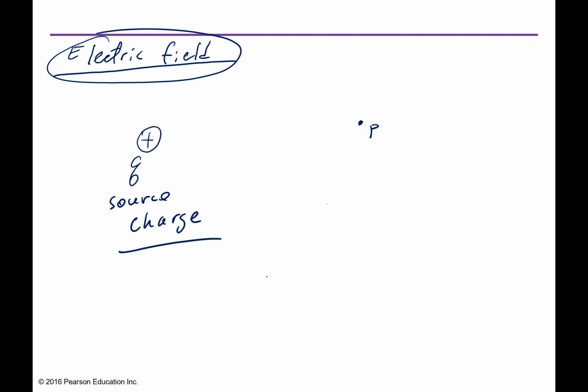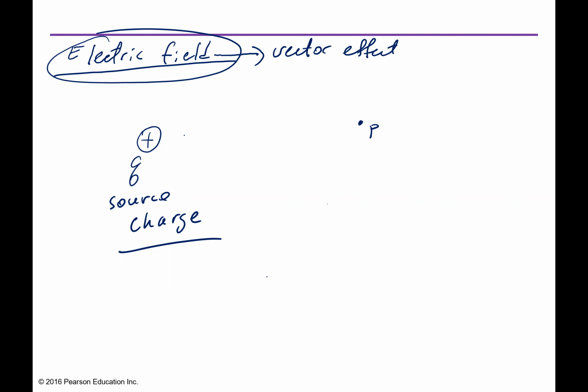In terms of a mathematical representation of that, we're going to see that there's a way for us to calculate it. But for now, think like this: the electric field is a vector effect, a vector effect from this source charge.